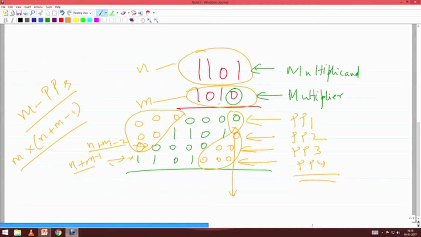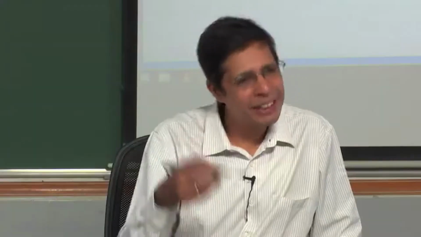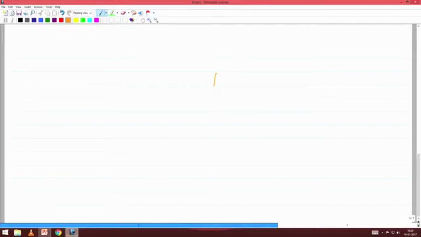Able to follow? Okay. Now suppose, in partial products I get m partial products and I am adding those m numbers. So how can we add two numbers? How can I add three numbers? Let us do this. Suppose I want to add 1101 with 1010 with 1110.